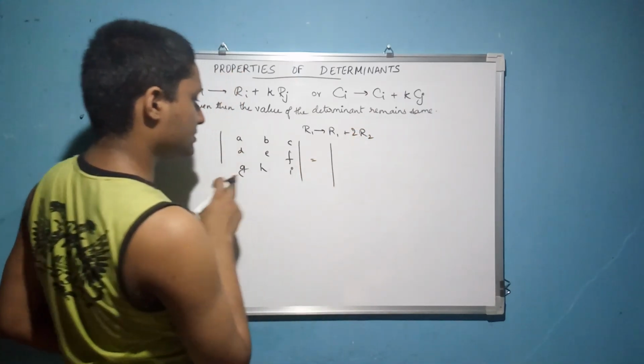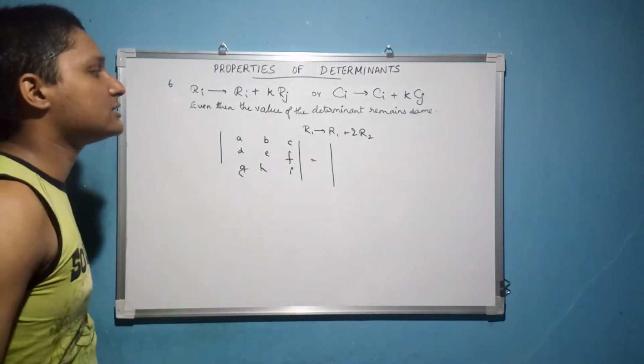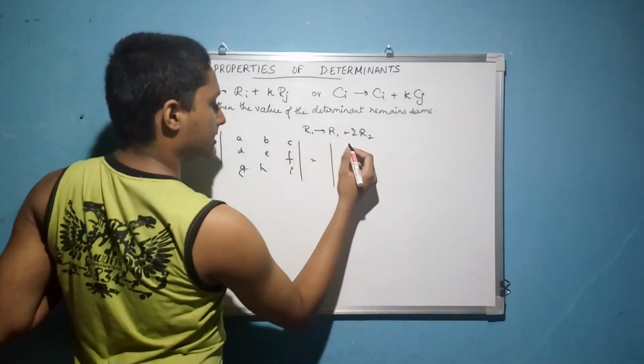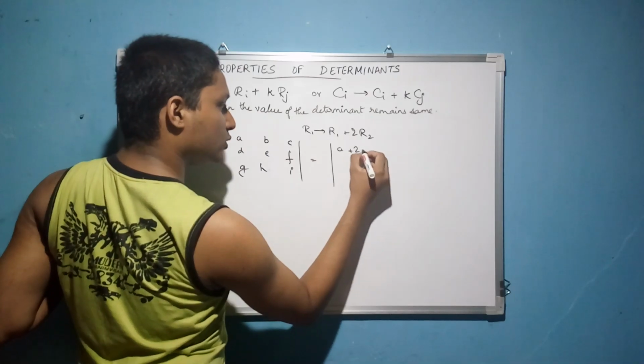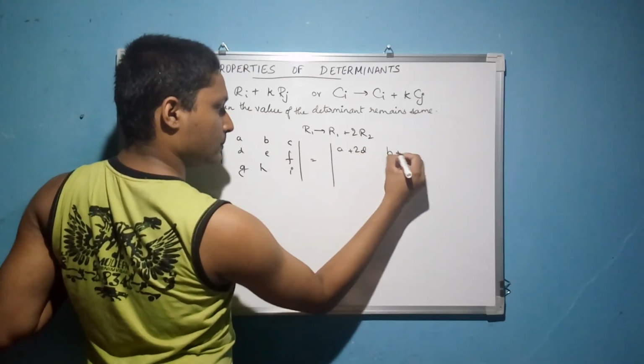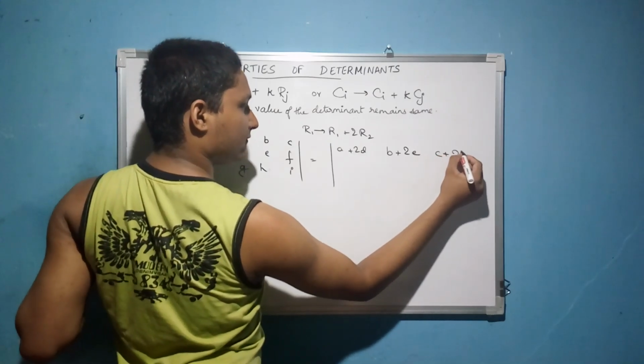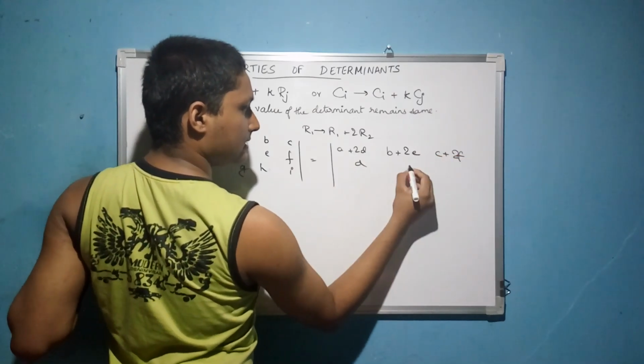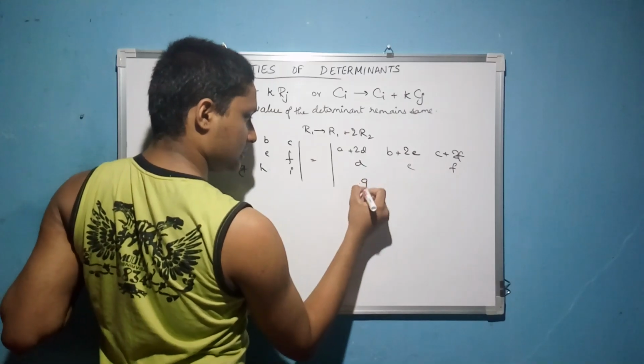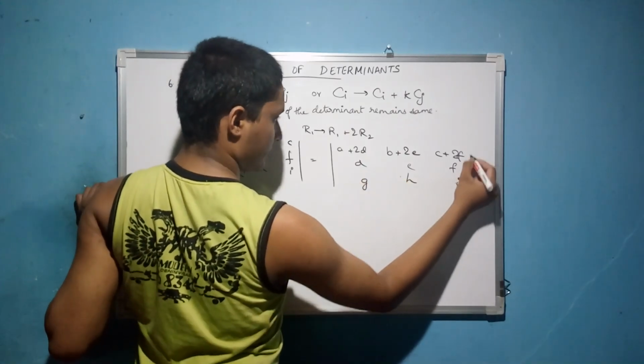Even if I apply this one, it is not going to change. That's why it becomes A plus 2D, B plus 2E, C plus 2F, then D, E, F, G, H, I.